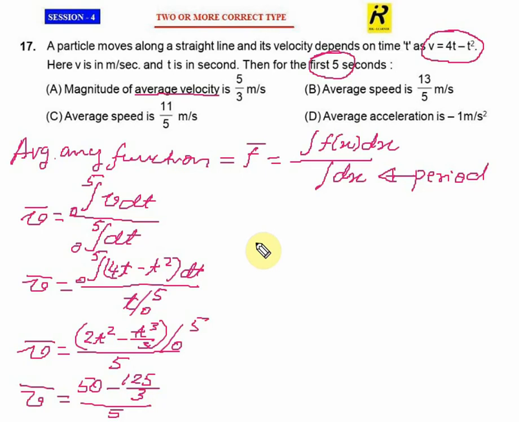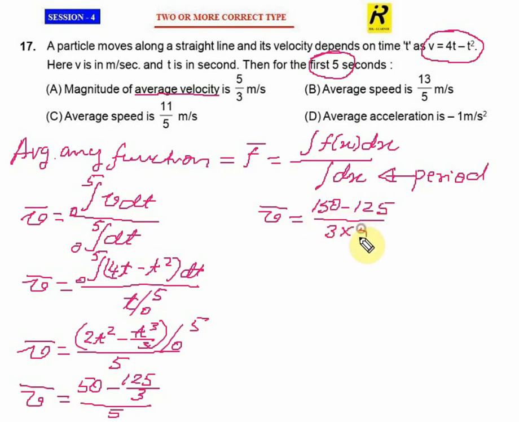So finally this becomes 150 minus 125, divided by 3 into 5.